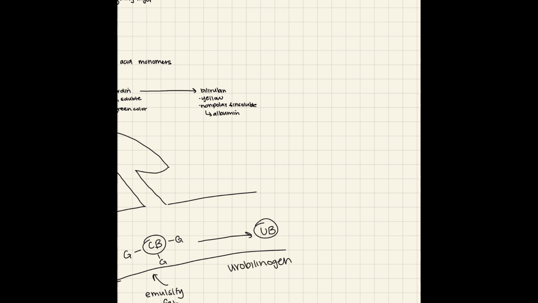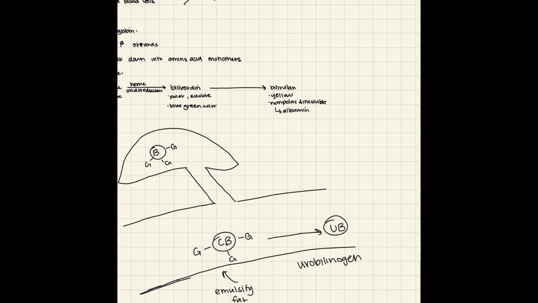And urobilinogen is nonpolar again, so it can move in and out of membranes, whereas conjugated bilirubin cannot, unless we are killing a cell or we force it out of the membrane through a protein.